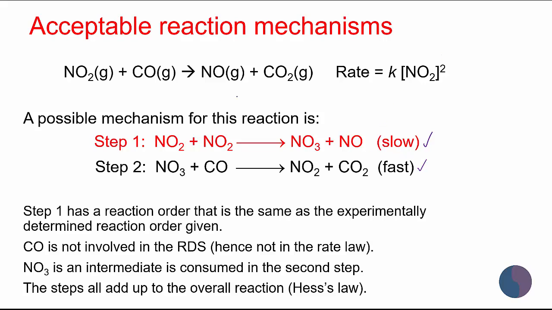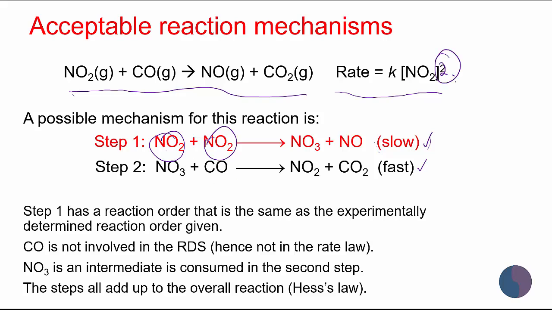Now we know this is the equation because of experiments, and experiments have given us this as well. And so if we look at this carefully, if this is the slow reaction, then there's one of these plus one of these. It's the one that's going to be slowing the whole reaction down. And that means it's to the order of 2.